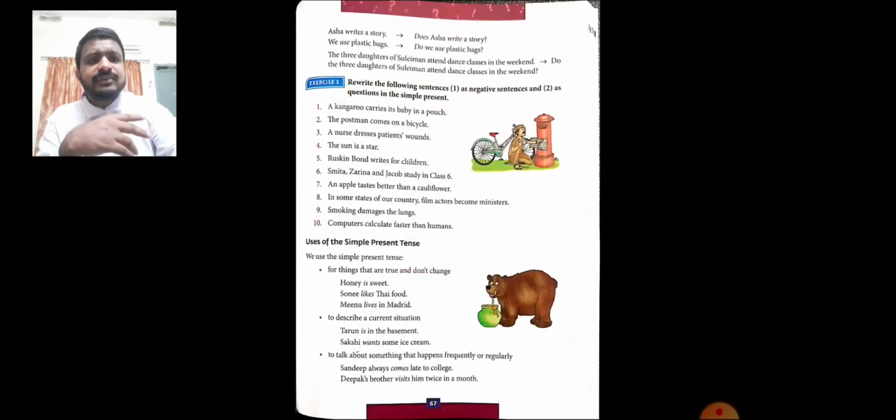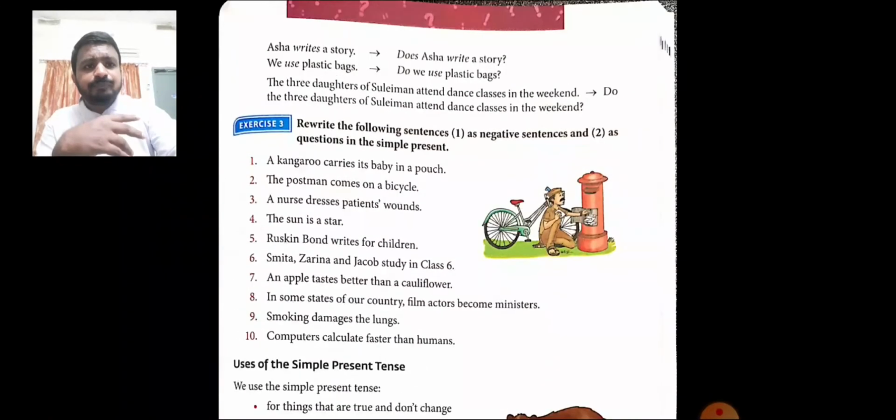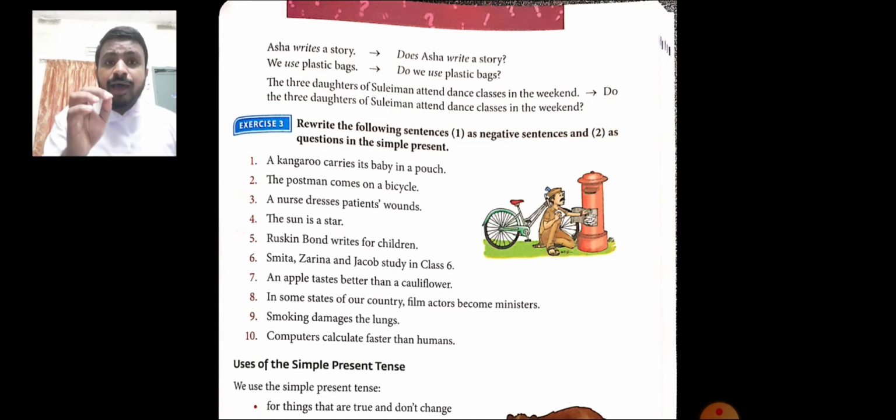Now let us see the example, then you will understand more. Now Asha writes a story. As you know, Asha is a singular subject, so we have added s to write, so writes. Now, since it is singular, we need to start the question with does. Does Asha write a story? We use plastic bags.